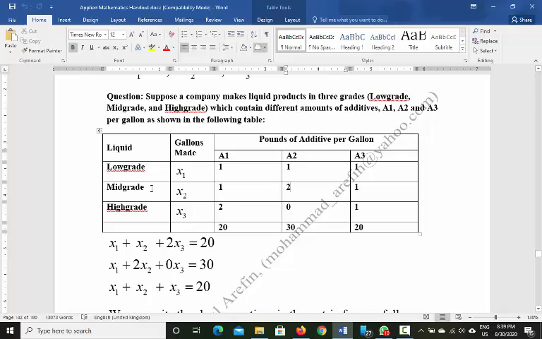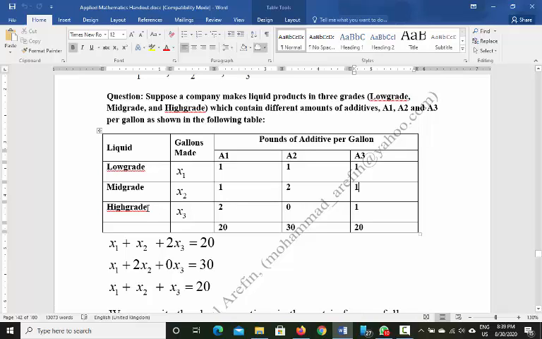Right. So in mid grade liquid, in every gallon, 1 pound of A1 additive is there, 2 pounds of A2 additive is there, 1 pound of A3 additive is there.